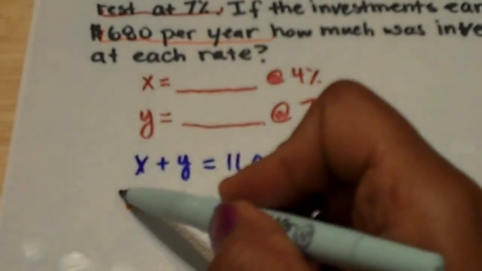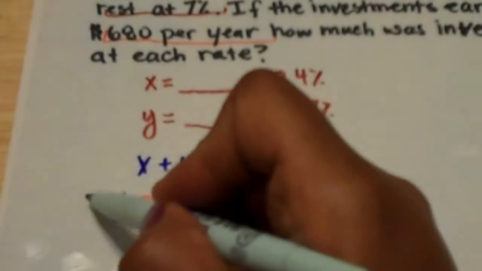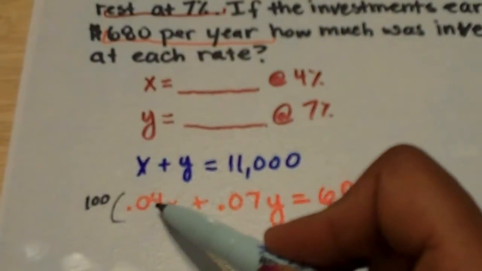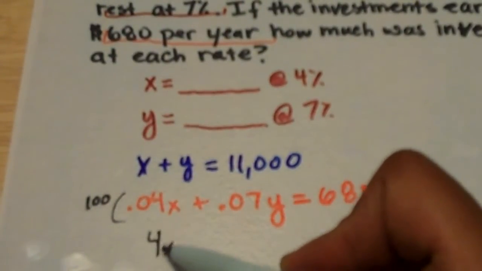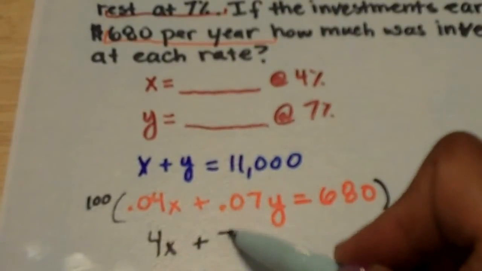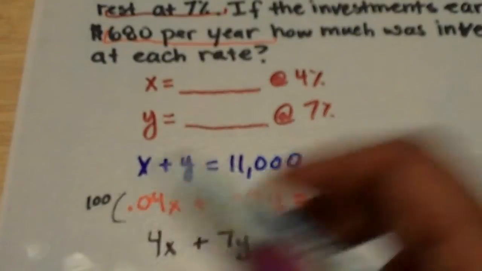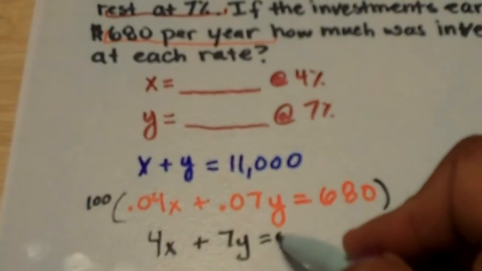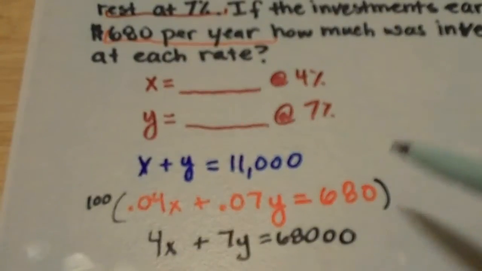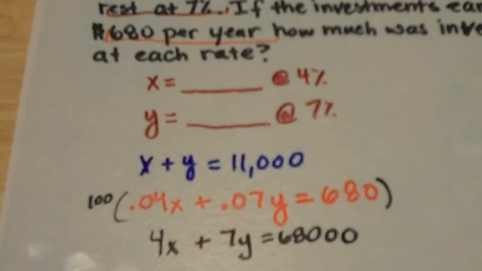So that means we multiply the equation by 100. If we do that, 100 times 0.04 will give us 4X, 100 times 0.07 gives us 7Y, and 100 times 680 will equal 680 with 2 extra zeros, 68,000.